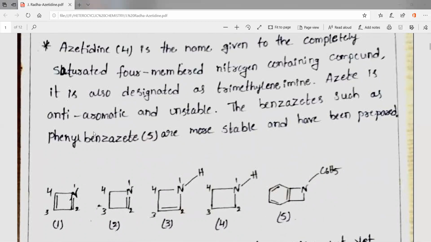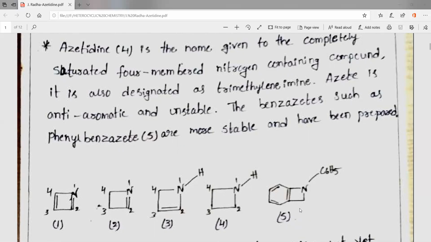Azet, structure 1, is anti-aromatic and it is not stable. Benzazets, such as phenyl benzazet, structure 5, are more stable and have been prepared.